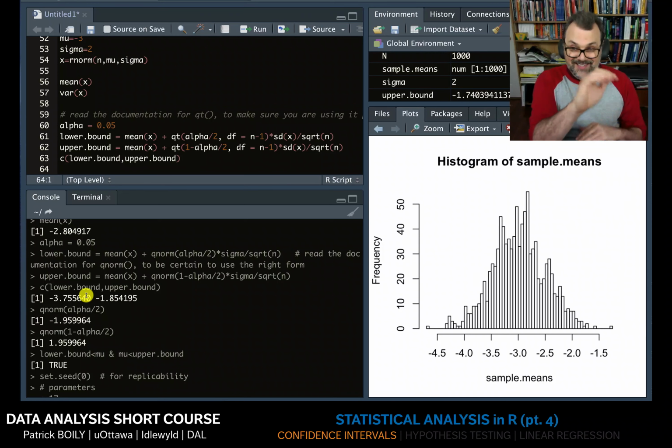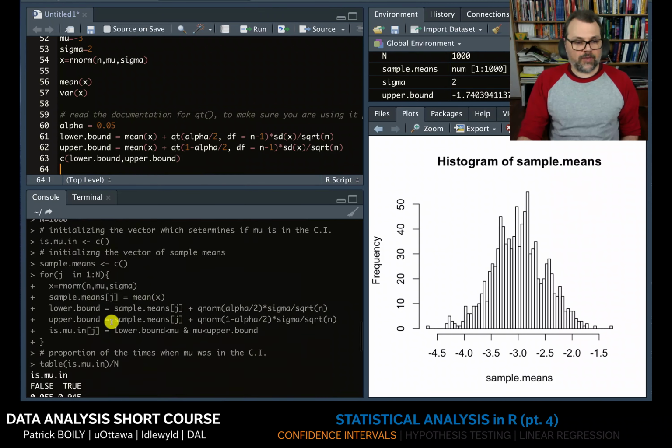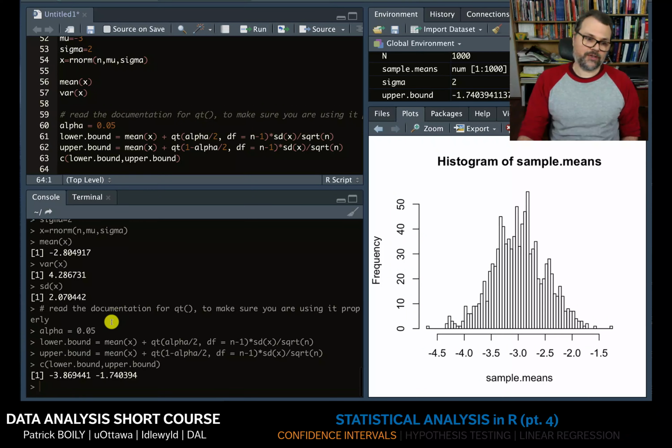It's the same sample in both cases, but our prior knowledge of the situation actually changes the tightness of the confidence interval. The confidence interval is tighter when we do know the standard deviation. We have more information. We are more confident. So the confidence interval is tighter, and when we don't know the standard deviation, the confidence interval is wider.